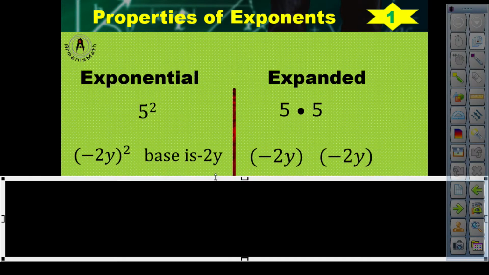Here's another need. If you have the exponential form negative 2y to the second power, you know the base is this, so you expand them just like that. I've got negative 2y, and then another negative 2y. That's how we expand it. This is exponential form, expanded form. Last one.